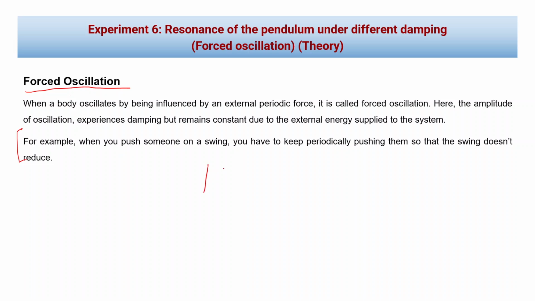If his or her friend sees, after a certain time, that the swing is slowing down, he'll give it a push. That push is actually a form of external periodic force, so the swing will keep on moving. This is the usual real life example that we see around us, a form of forced oscillation.